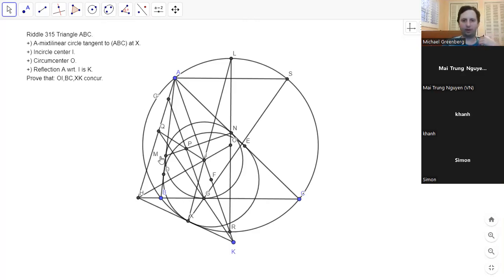Instead of defining point K, we could define point Q as the intersection of IP and AH. We could show that it bisects angle QGS. I kind of like that better because then we don't need to use that K is the midpoint of AK.